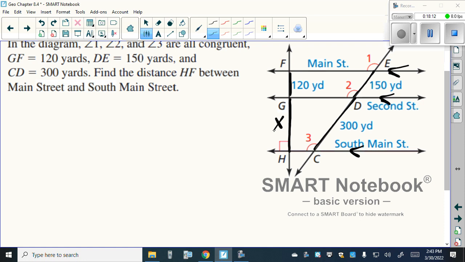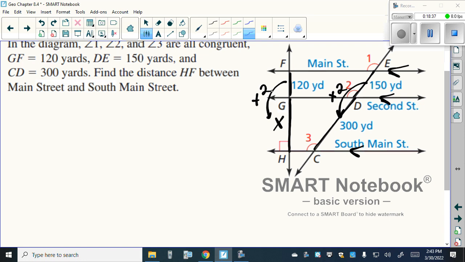Exactly. Now how did you get to 240? Yeah. So from 150 to 300, well, we're multiplying by 2, yes? So if the sides stay proportional, that means the scale from here to here should also be multiplied by 2. So we can go from 120 to 240.